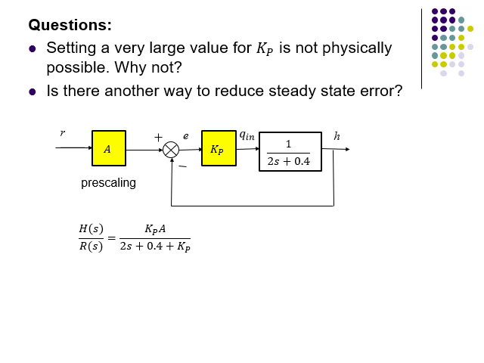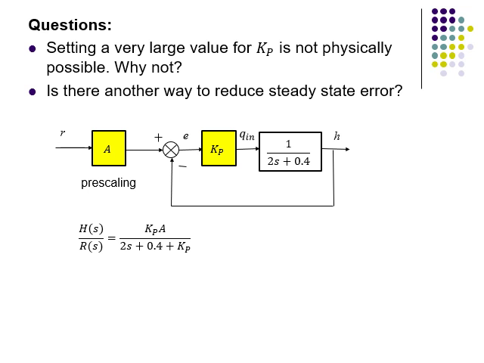So the idea is that there's going to be some value of A, so that in the steady state the value of the output H will be equal to the value of the reference R. So we can find the required value of A by looking at the closed loop transfer function.